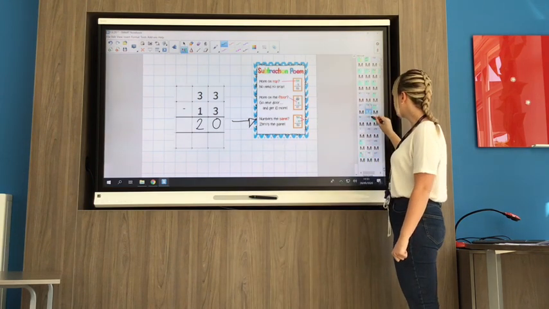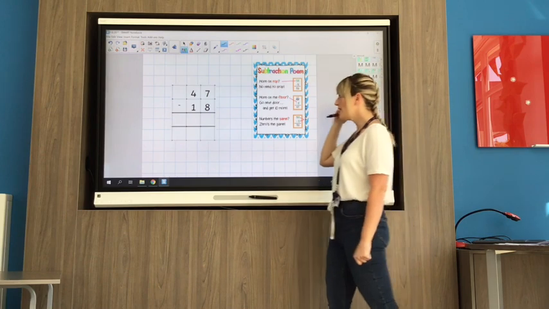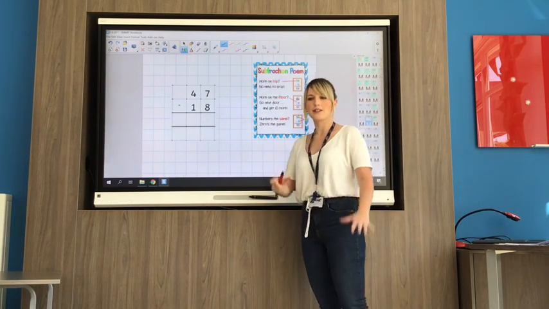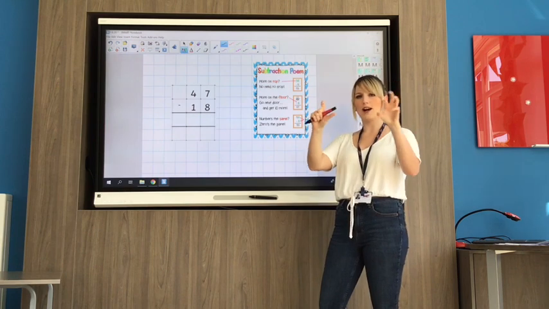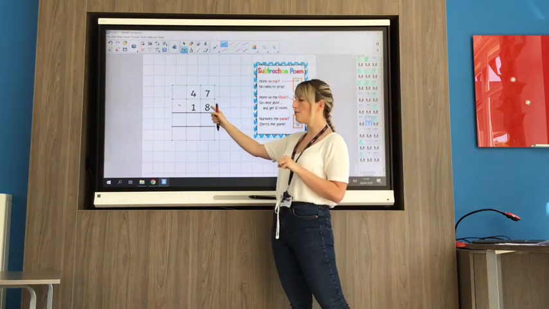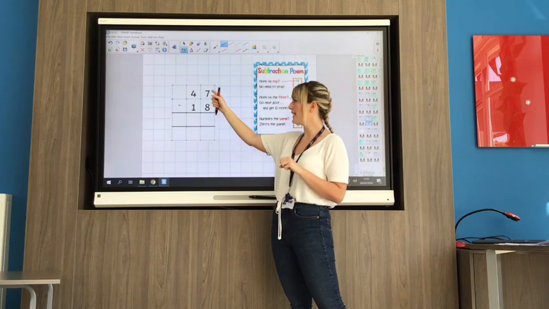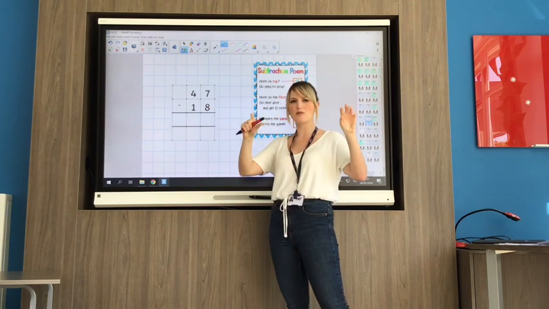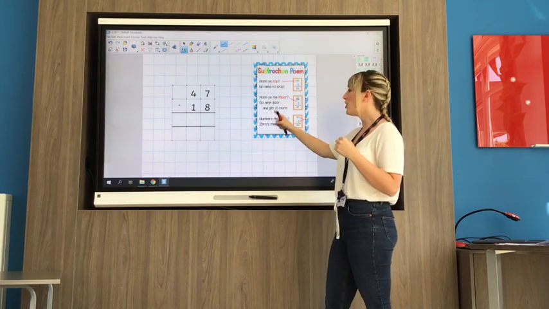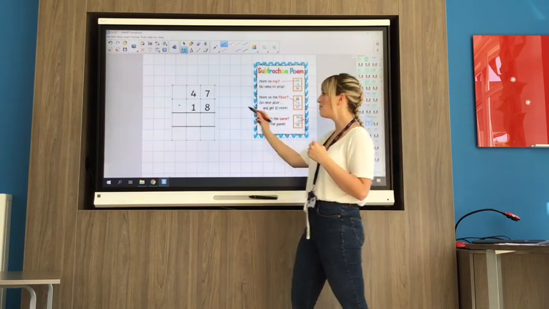Let's move on then. Okay, I've got 7, subtract 8. Okay, so I've got 7, I need to subtract 8. So the number at the bottom is bigger. So if I've only got 7, I can't subtract 8 because I haven't got enough. So more on the floor, go next door and get 10 more.